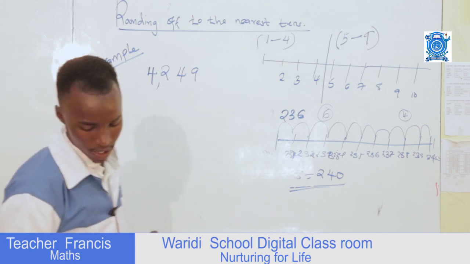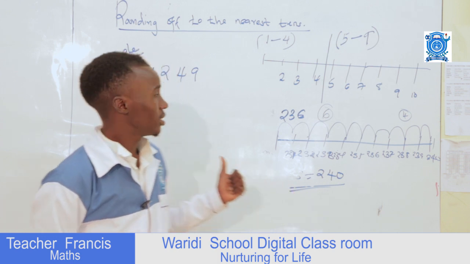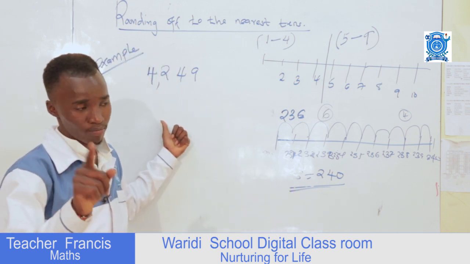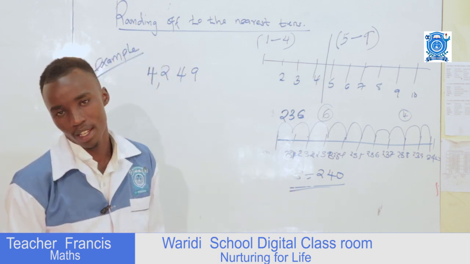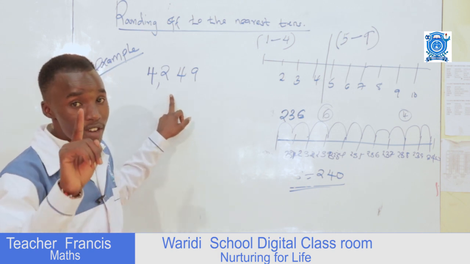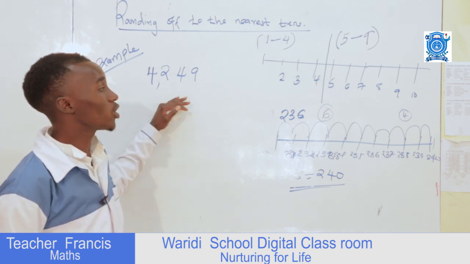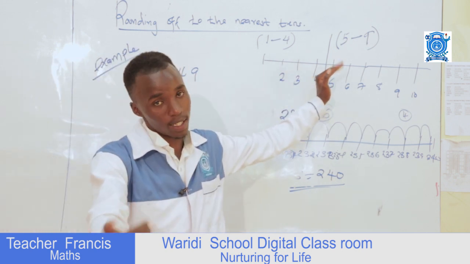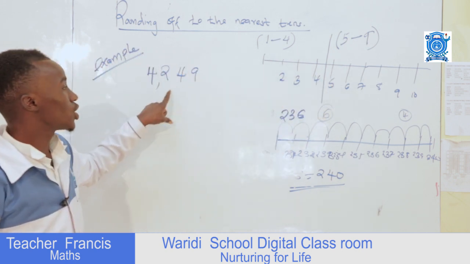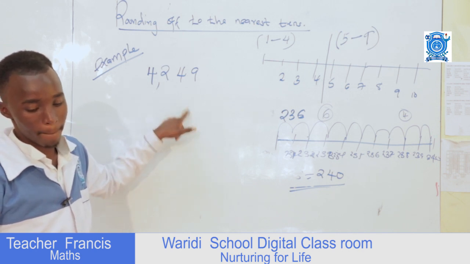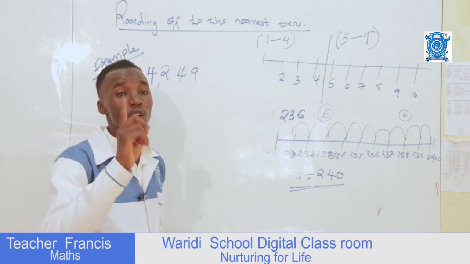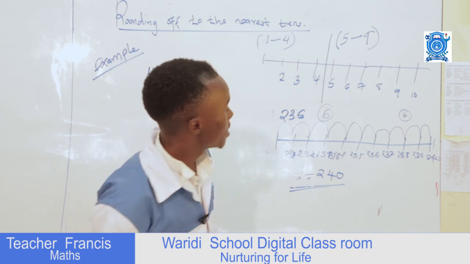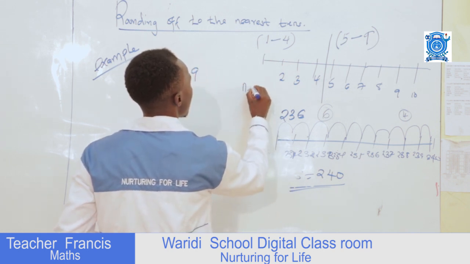Be very careful on this. I can draw a number line, of course, but it will become very tiresome. I want to give a very simple method of rounding off numbers to the nearest tens without even drawing a number line and get your answer.